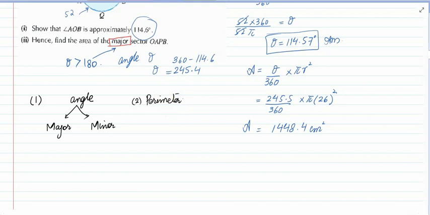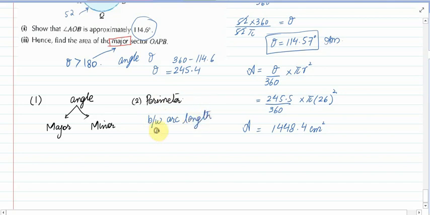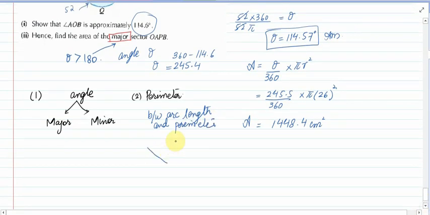And why I am saying that perimeter? The main confusion or the mistake that occurs in this topic is students get confused between arc length and perimeter. You know the difference, right? If I draw the sector, so the arc length is only the black one, that is the arc length, right?